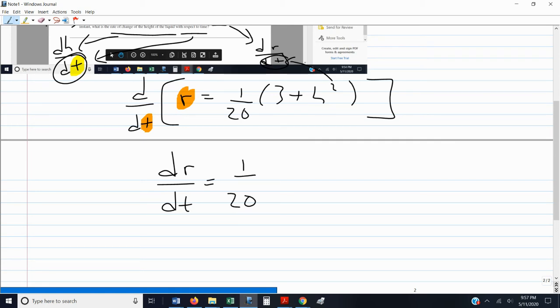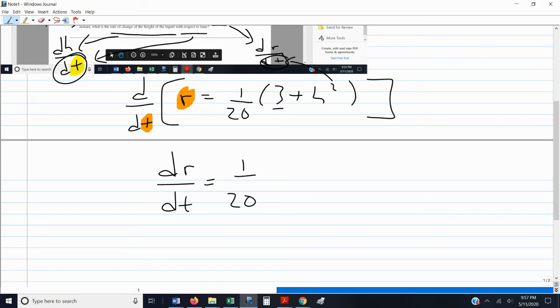The derivative of 3 is 0, and then you go to h squared. So again, this is another example where those variables don't match. So it's not going to be that the derivative is 2h, it's going to be that you need the chain rule here. So let me rewrite. If you were differentiating with respect to h, the derivative of h squared is 2h.